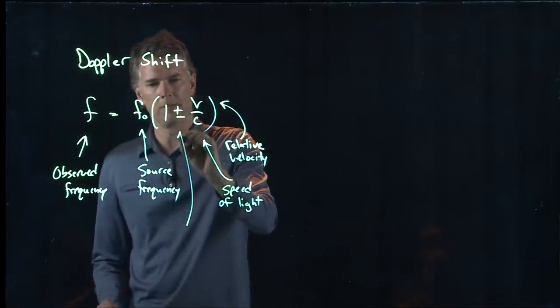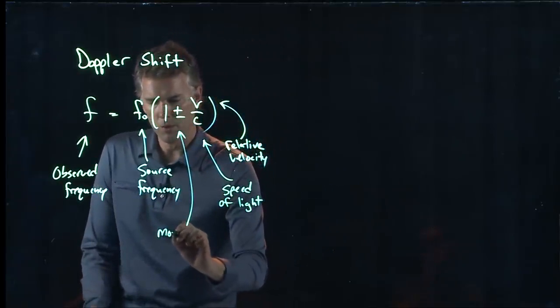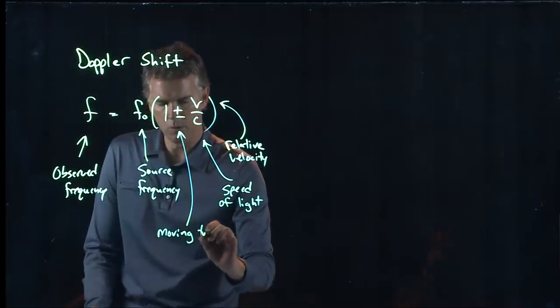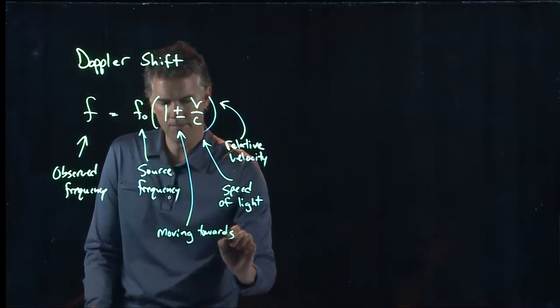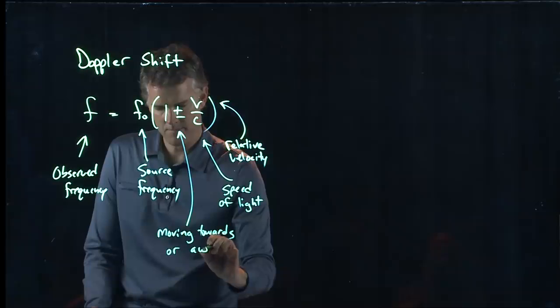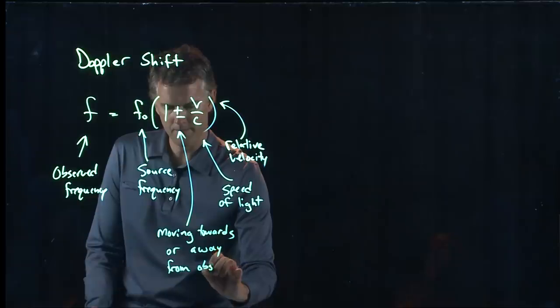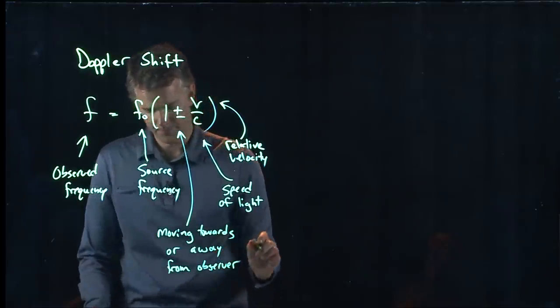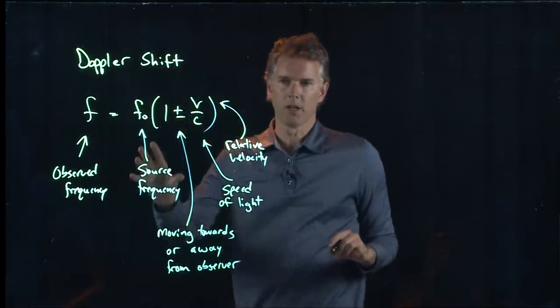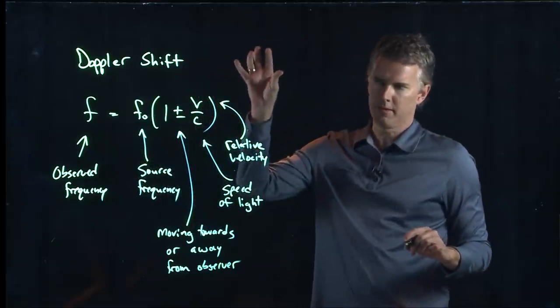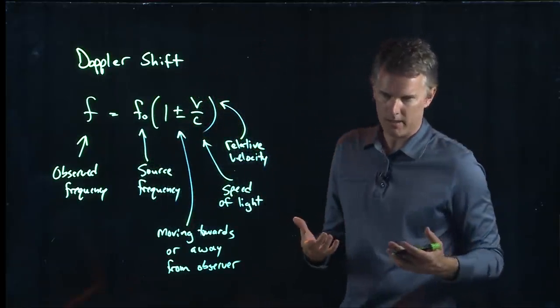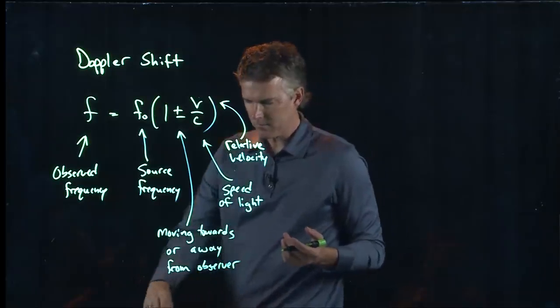And this thing, the plus or minus, just means moving towards or away from the observer. Okay? Frequency can either go up if it's coming towards you, or it can go down if it's moving away from you.